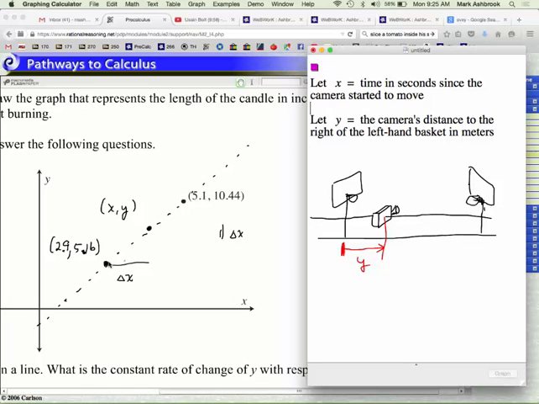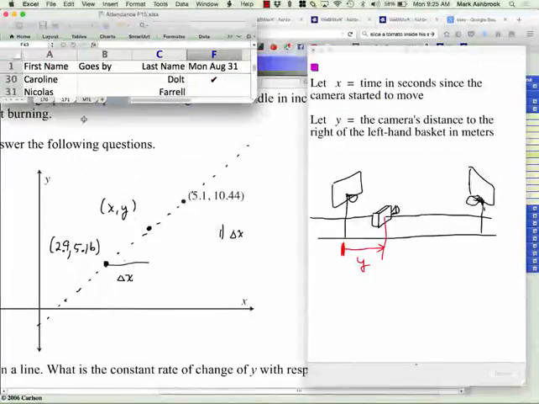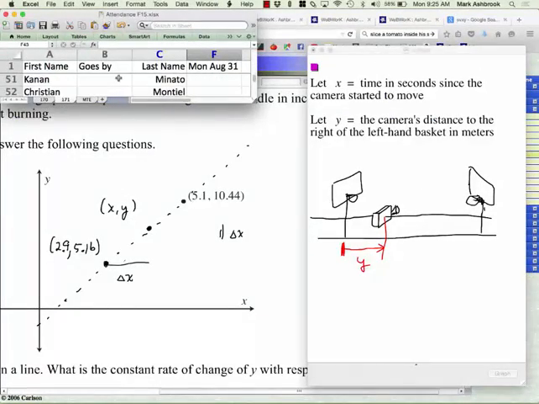Starting at this point, 2.9, 5.16, ending at x, y. What is my change in y? Where's Canaan? You're changing y. So what's our change in x? So starting at this point and ending at this point, what's my change in x? Good. Final minus initial.